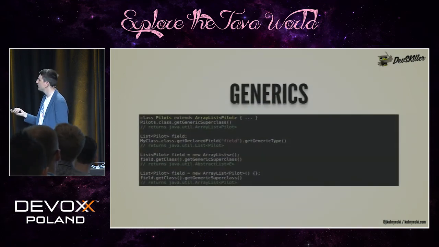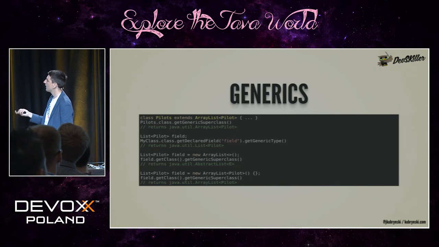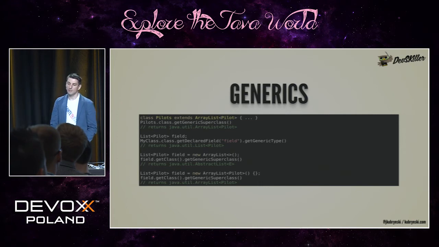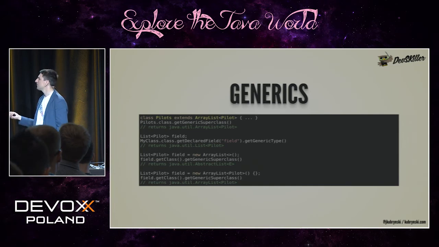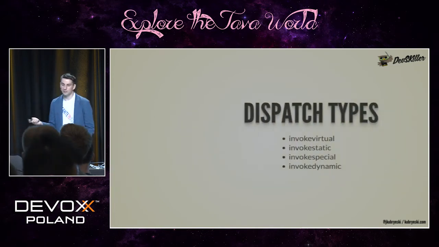You can access generic information like here: Pilots class, getGenericSuperclass, you get something like this. MyClass, getDeclaredField, getGenericType, no problem. field.getClass().getGenericSuperclass(), oh, there is no information. I'm not accessing the Field object, I'm accessing the object that's referenced by this field, and there is no generic information. Add brackets, no problem, generic information as well, as here. Okay? So, this is about type erasure in generics.